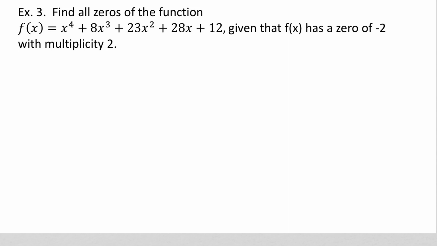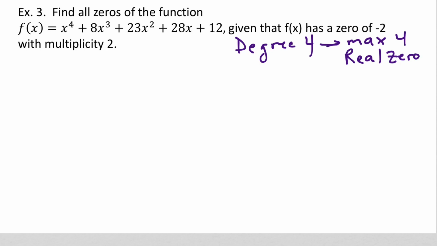So several things that we know: if the degree is 4, then it has a max of 4 real zeros. And we can also see here that we have a zero of -2 with multiplicity 2.